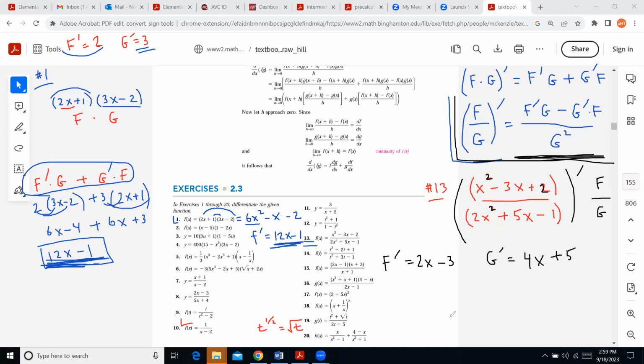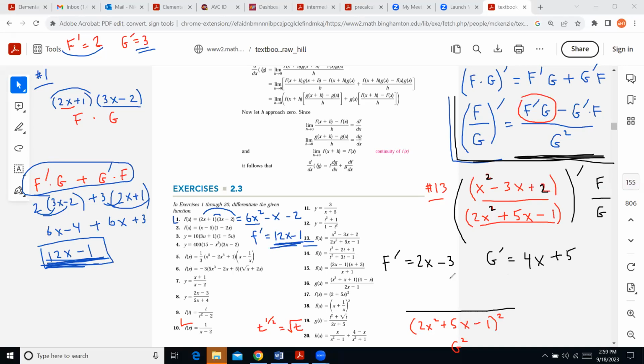So now I'm going to need to produce this fraction. So in this fraction, I can put the denominator squared. So this whole thing, whatever we have in the parentheses, 2x squared plus 5x minus 1, I will square this like that. And then I need to set this f prime g.